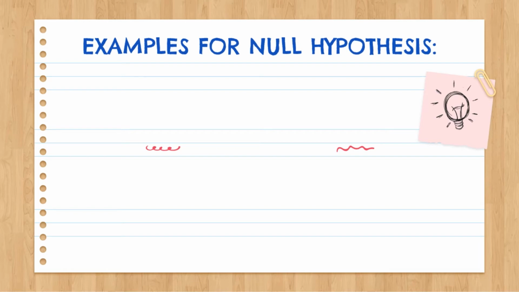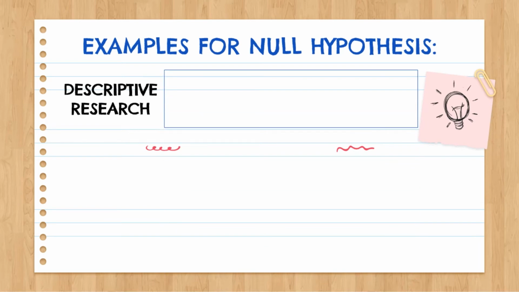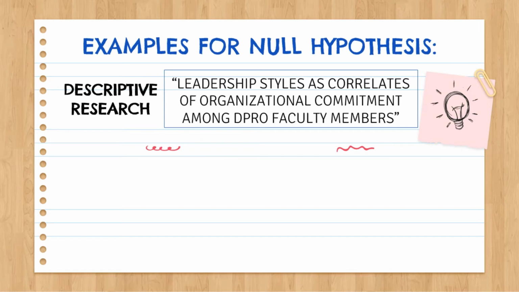Here are the examples for null hypothesis. Let's start with descriptive type of research. Let's say, for example, we have the study about the leadership styles as correlates of organizational commitment among DPRO faculty members. What could be the null hypothesis on this title? Good job!